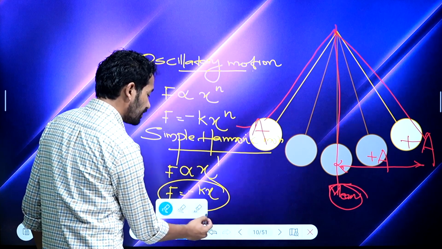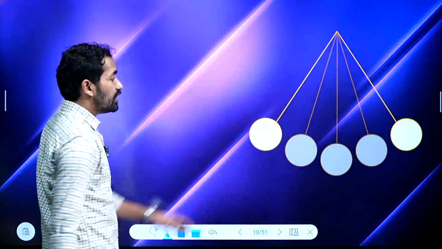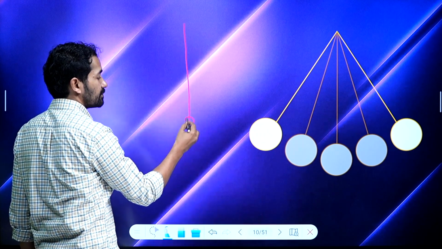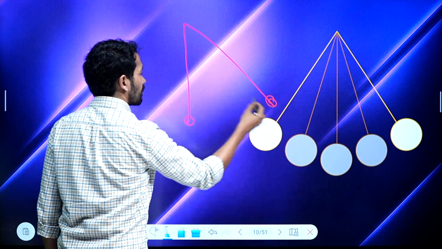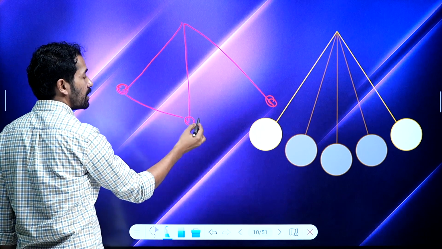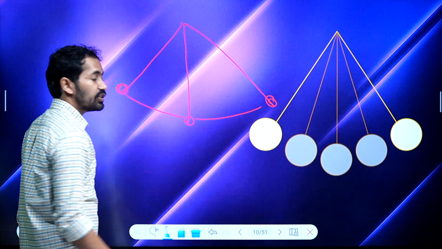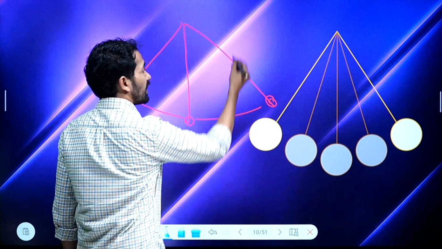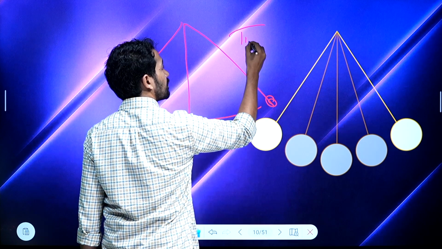Okay. Now let's see. You are having a simple pendulum here. What is the total distance covered by a simple pendulum in one time period?